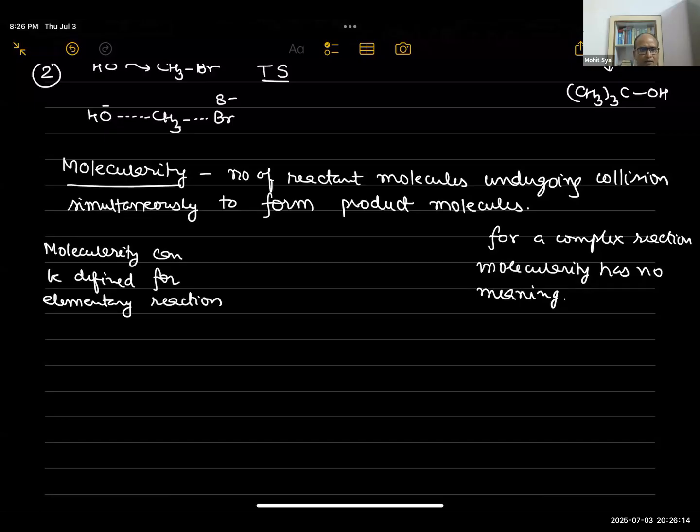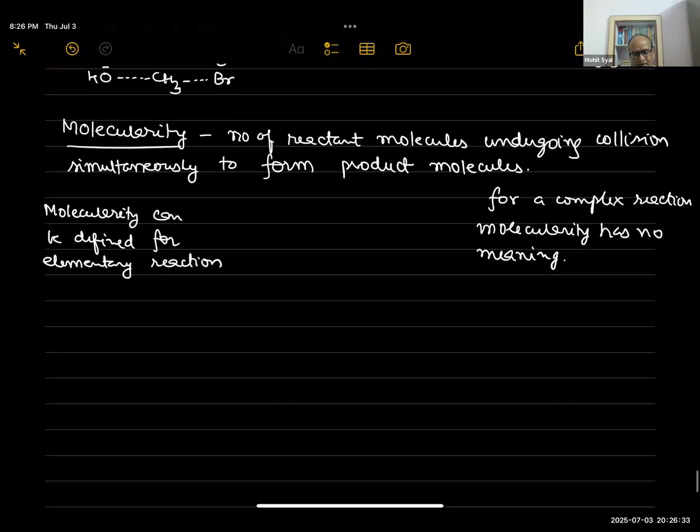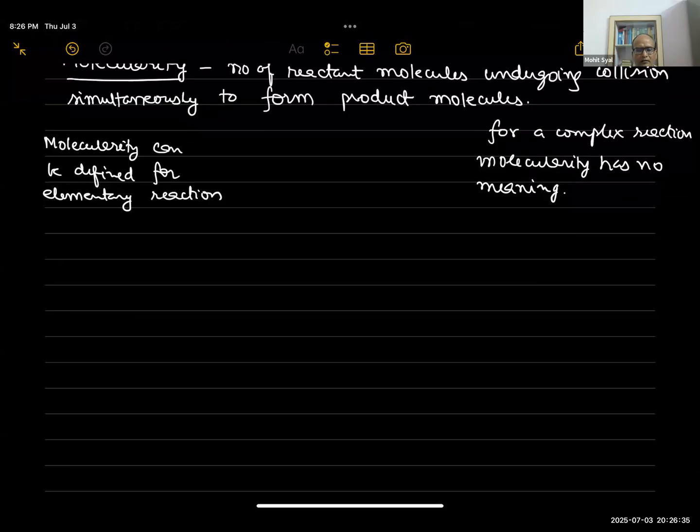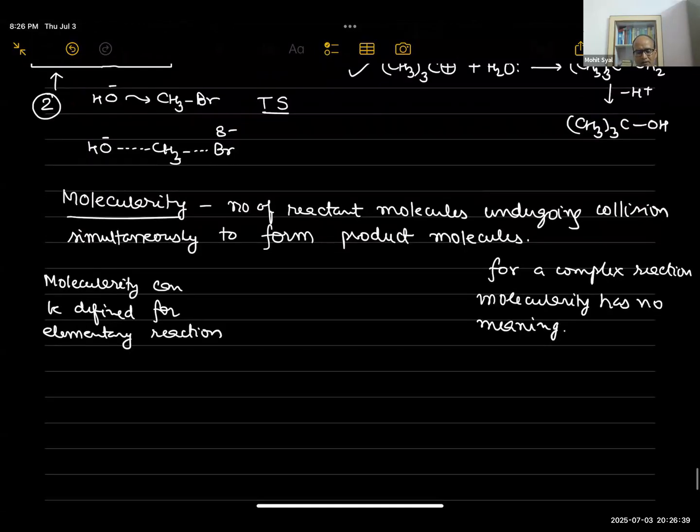In an elementary reaction, the molecularity can be defined for the complete reaction, but in a complex reaction, it cannot be defined, because a complex reaction takes place in multiple steps. Got it? So I hope this is clear to everybody.